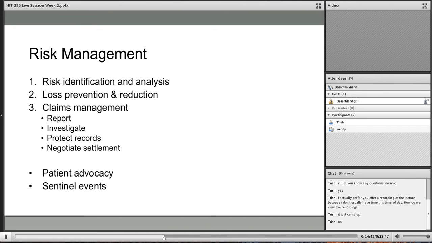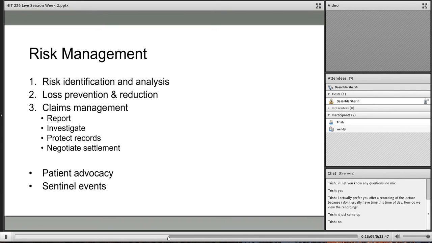Okay. A couple more things that I want to highlight here are patient advocacy and sentinel events. Patient advocacy refers to making patients aware of what is happening, sometimes even if there is a near miss event. The types of sentinel events are described in your lecture, so you can refer to those. A near miss event means that a patient almost was given the wrong medication, but luckily they did not.